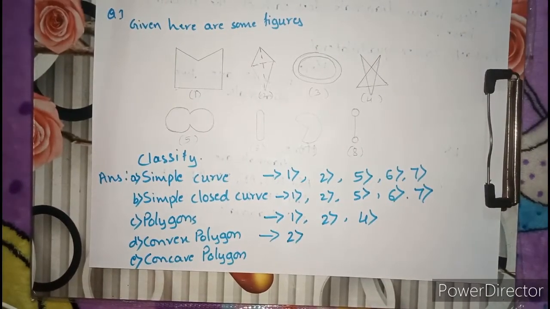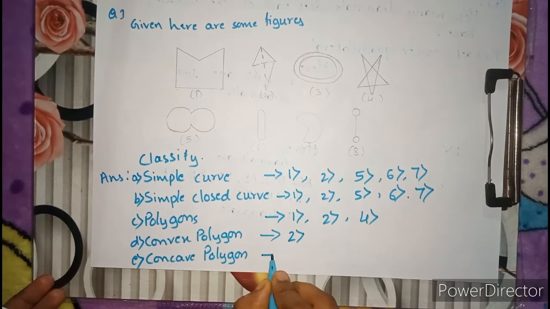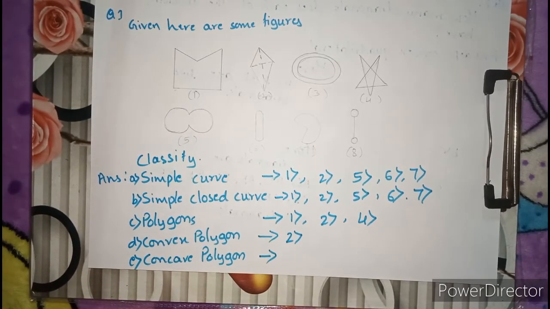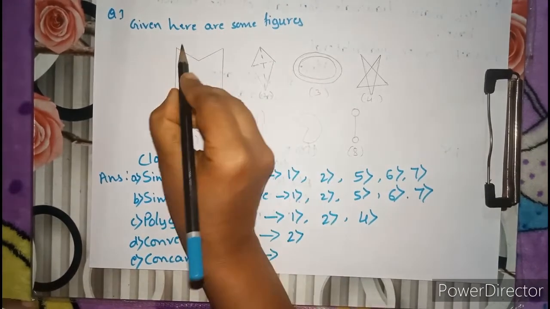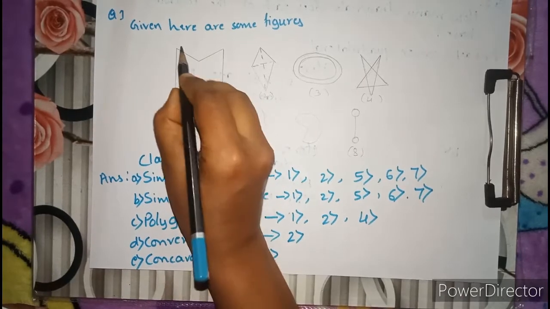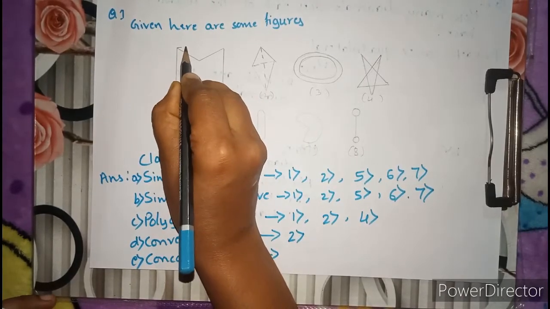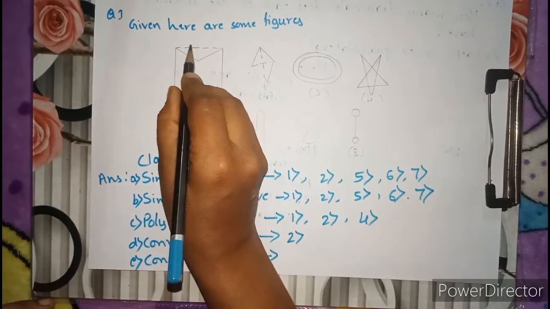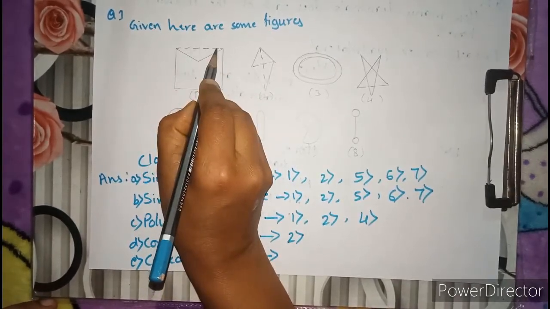Next comes concave polygon. At least one part of the diagonal must be exterior, which is called a concave polygon. See here, this is a polygon. The diagonal drawn to it, at least one part of the diagonal is exterior.